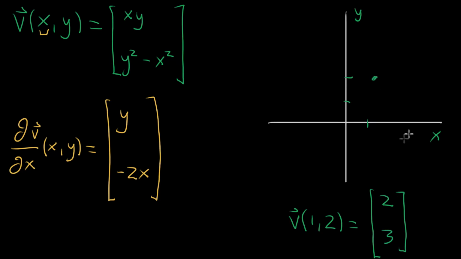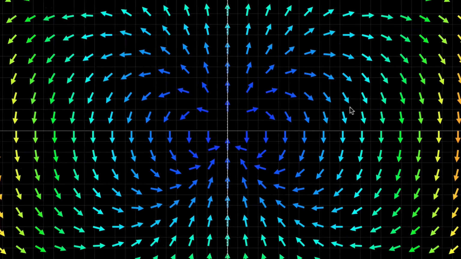In vector fields, you attach the vector to the point. I'm going to take the vector 2, 3 and attach it to this point, so it should have an x component of 2 and a y component of 3. It's going to end up looking something like this. That'll be the vector, and we attach it to that point. In principle, you do this to all of the different points, and if you did, you'd get something like this.